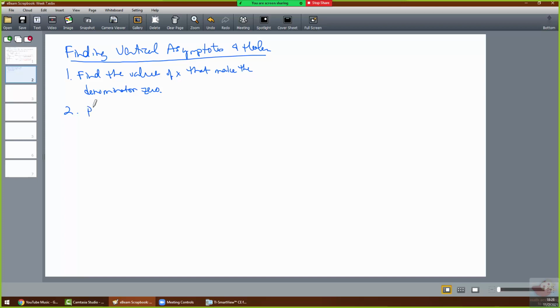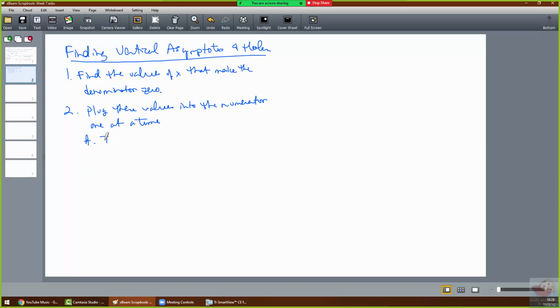Step 2: plug these values into the numerator one at a time. And there are 2 possible outcomes.